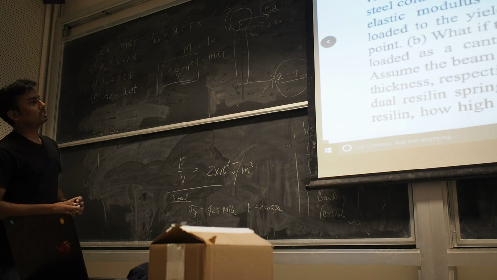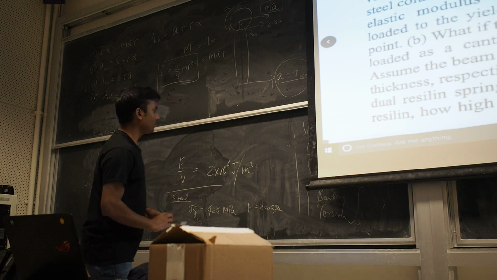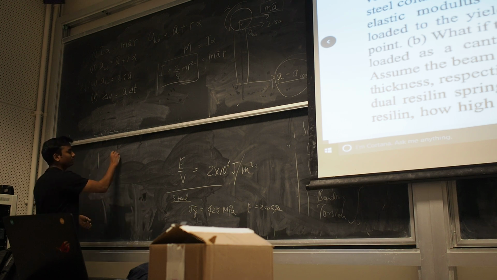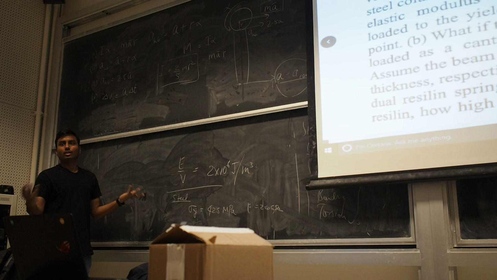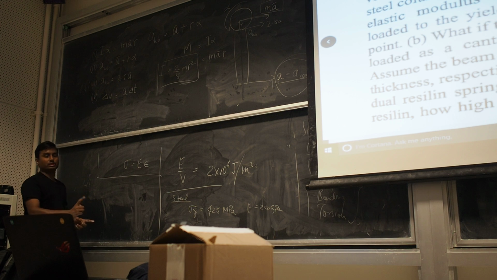Assume the steel is linearly elastic to this point. Again, you remember, at least it is the yield point, so you can assume linearly elastic, follows Hooke's law. So sigma is just E epsilon. What is the formula you need for this problem? Energy per unit volume.